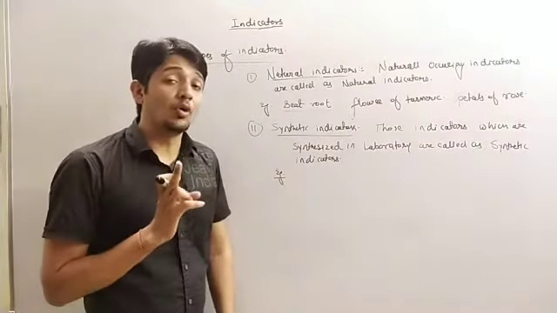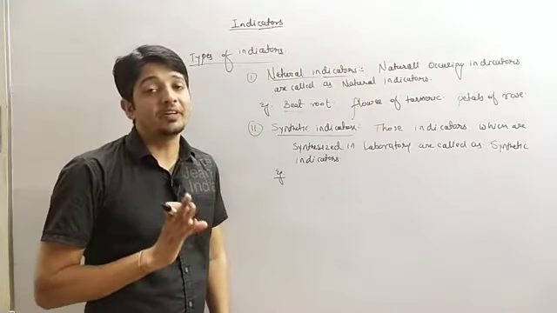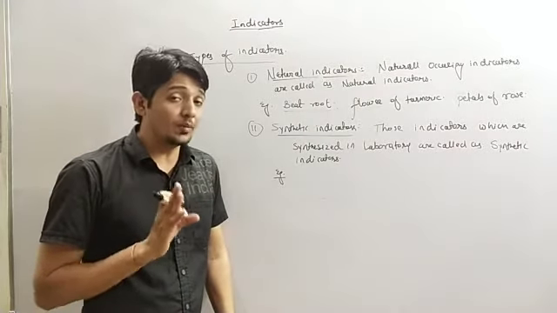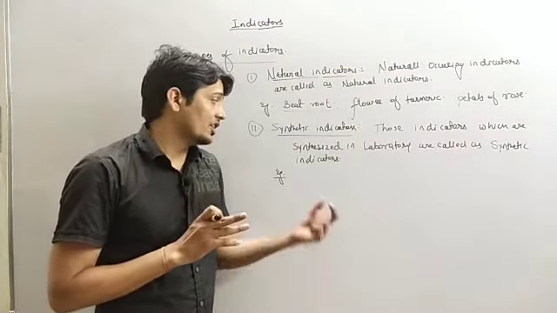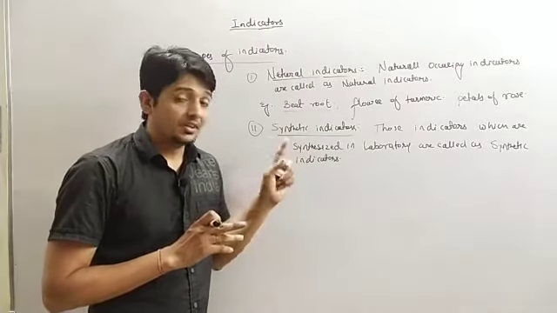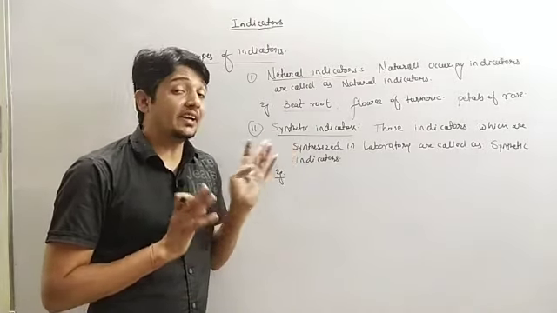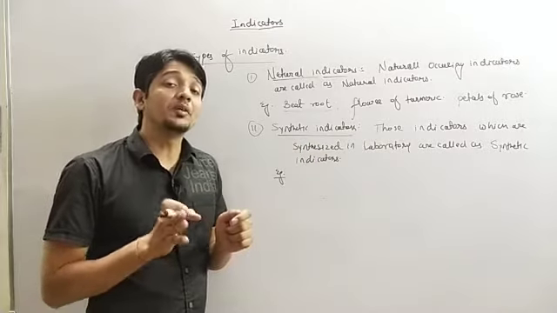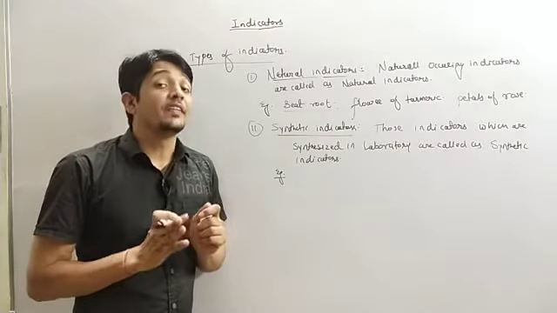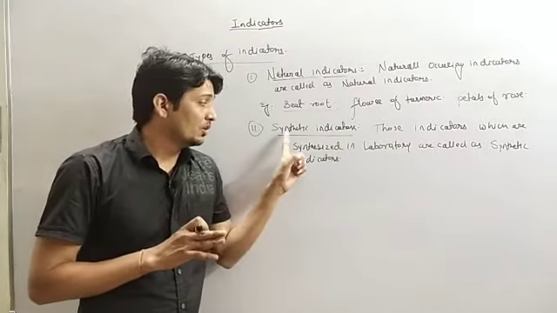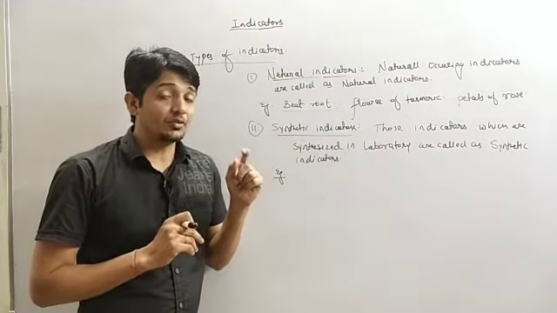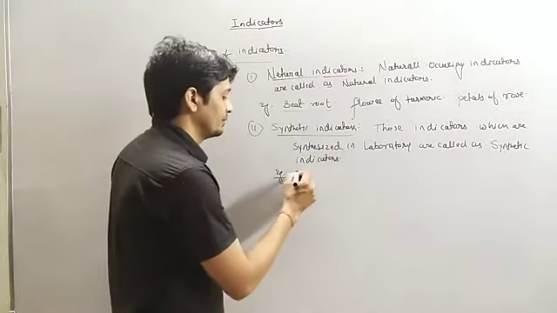When you will perform a biological experiment in your laboratory or school laboratory, then you will understand about the synthetic indicators. So we will perform some experiment in school, then we will understand what synthetic indicators are. So we have eosine.